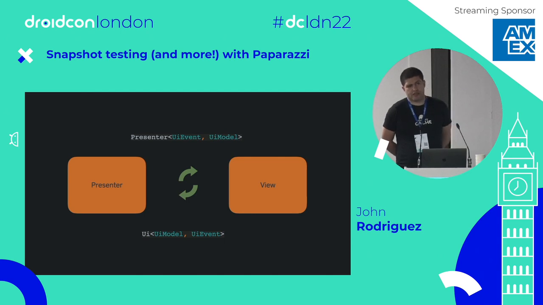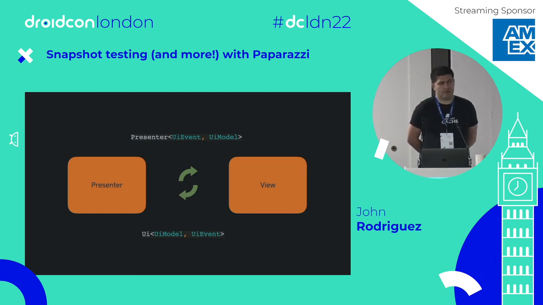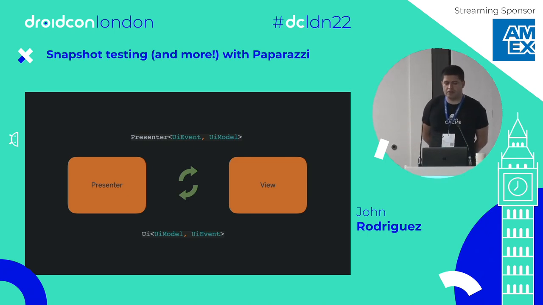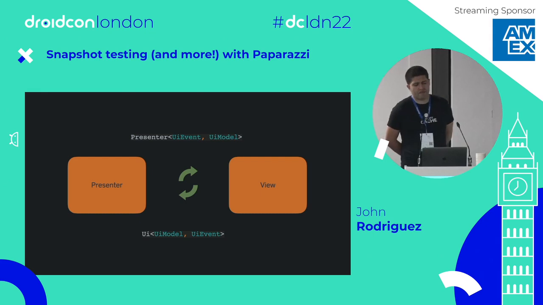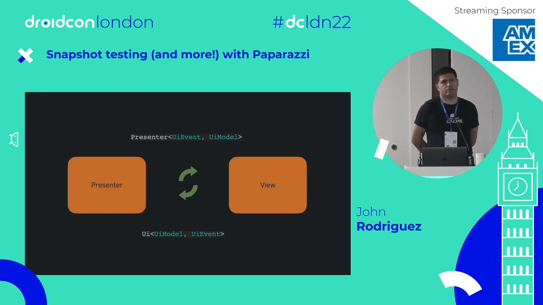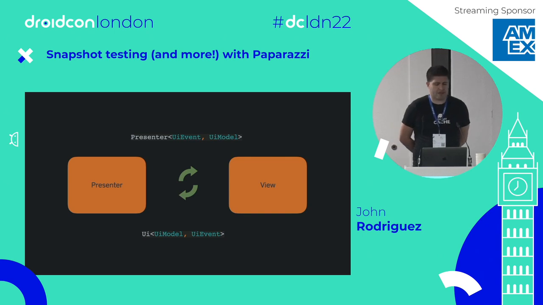Paparazzi also has a nice side effect of forcing you into architecting your views in a certain way that I'll go into. Now, without going into too much of how Cash App architects its app, we have a concept. We have a library that's internally nicknamed Broadway because it manages scenes, like theater scenes.